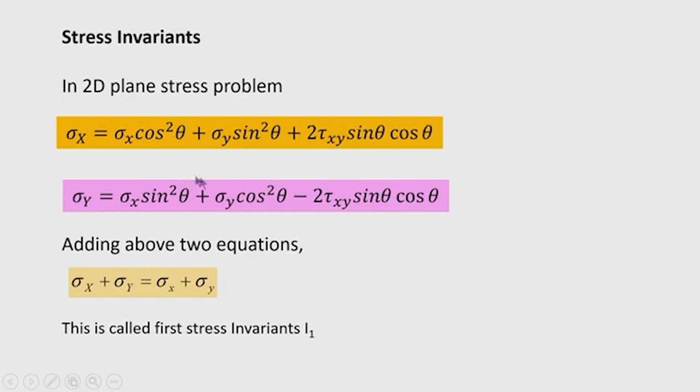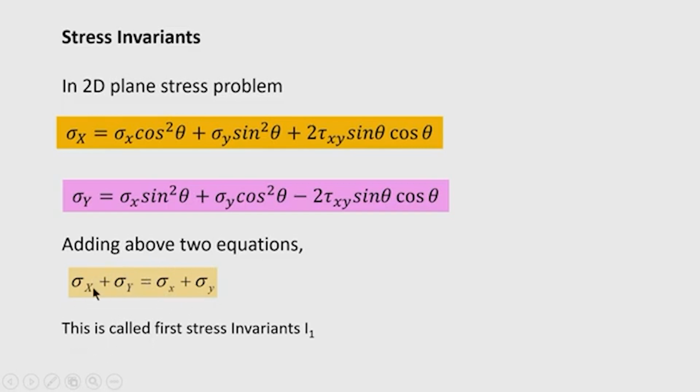If we add these two quantities, a very interesting relationship is obtained: sigma capital X plus sigma capital Y, with reference to the transformed axis, is equal to sigma x plus sigma y, the sum of the normal stresses with reference to the original axis.